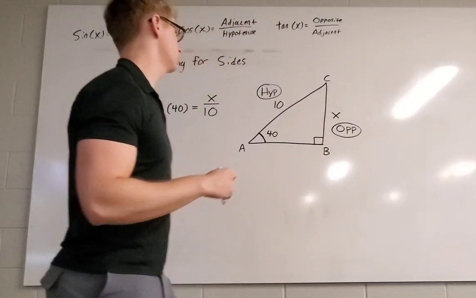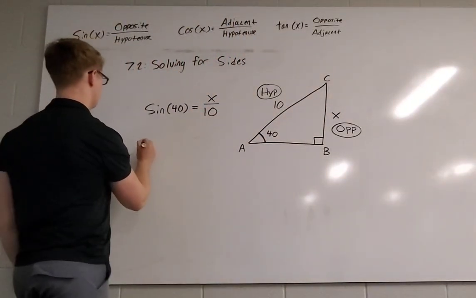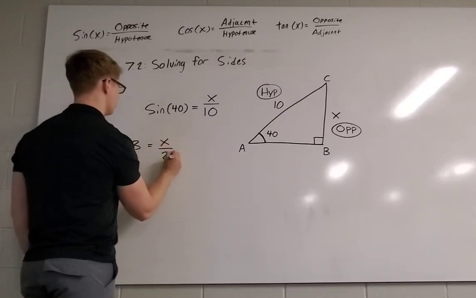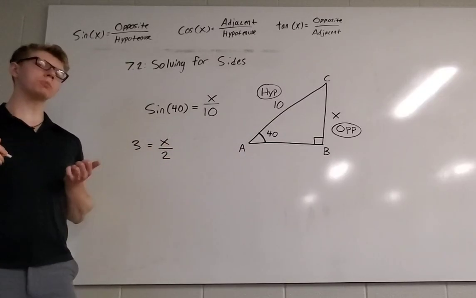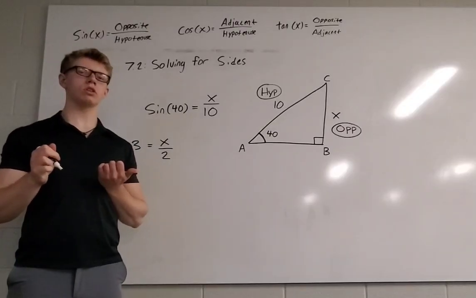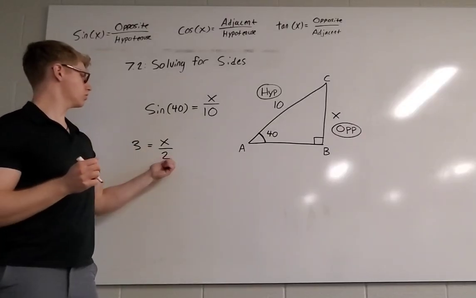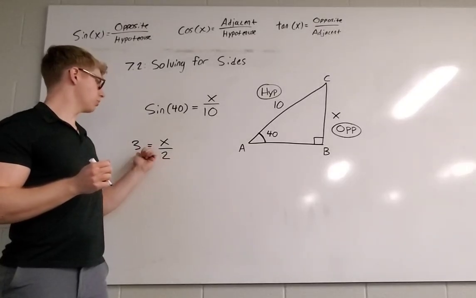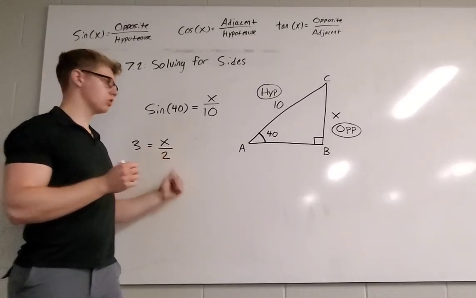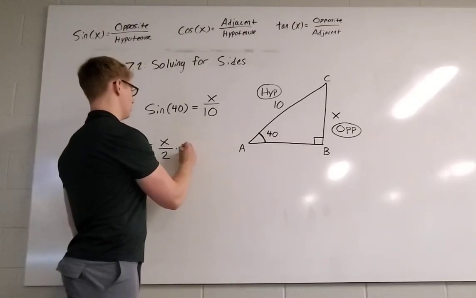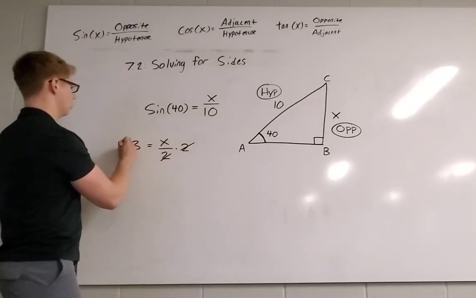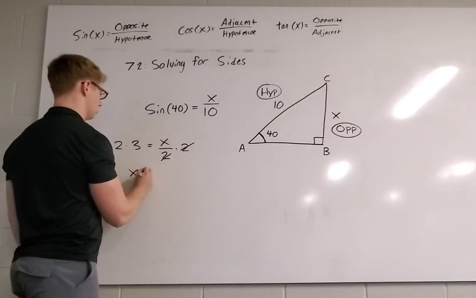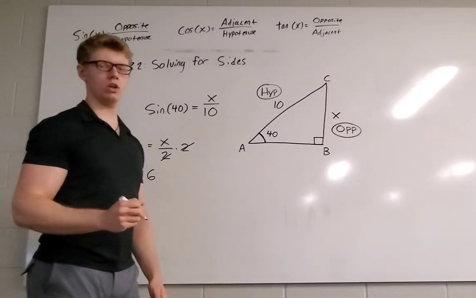If I gave you the equation 3 equals x over 2, you could probably tell me that x is 6, and you could probably tell me that to get my answer here, I would need to multiply both sides by 2. So I'm going to do that: multiply both sides by 2, these cancel out, multiply this by 2, and you would get that your x is equal to 6.